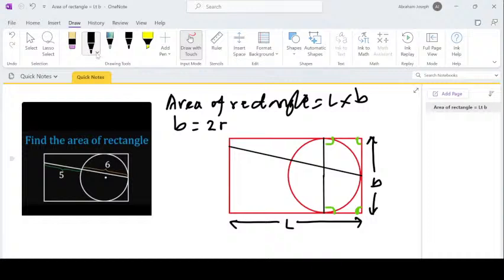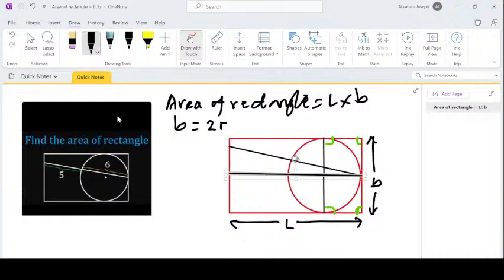Now, if we draw a line from here, let me change the color of this. I'm just going to draw another line again. Let me use a black color. So let's try and observe that. If you draw a line from this tangent at this point, so that the line passes through the center to the other side of the rectangle, such that it meets it at 90 degrees, let me just indicate the angle here.